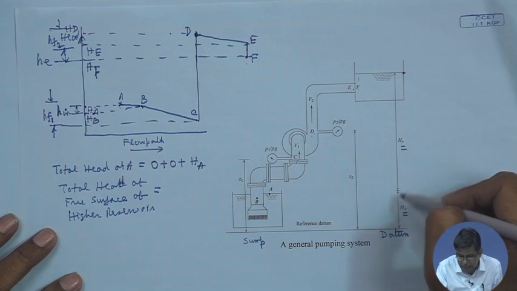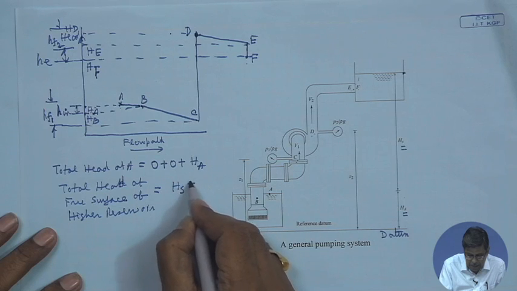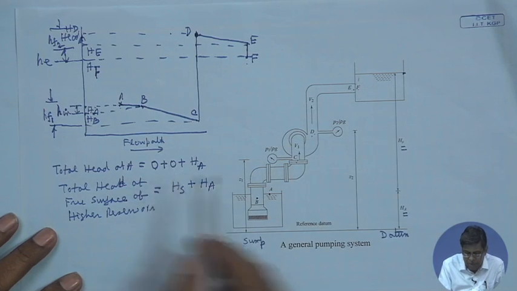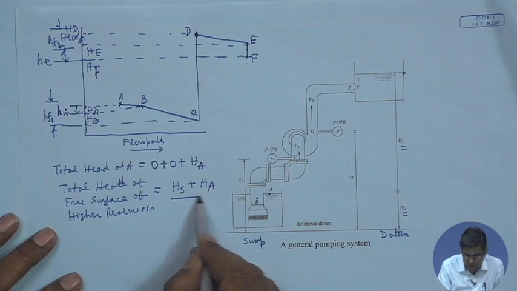It is H S plus H A, because here also similarly 0 plus 0, there is no pressure head, there is no velocity head, so only the potential head.